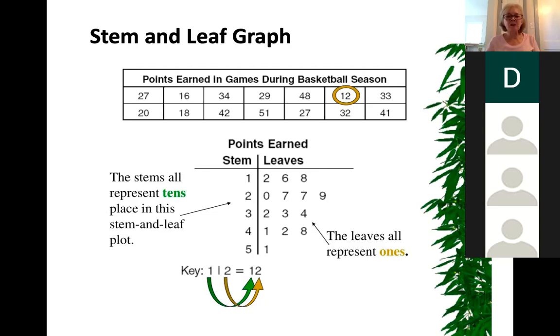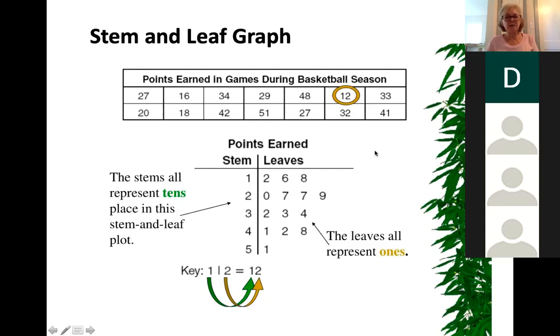If I want to see all of the data values, what I will do is I will capture the tens digit, and those tens digits will be the stem. So there's a stem of a 1, a 2, a 3, a 4, and a 5. So I've ordered my data from smallest to largest.